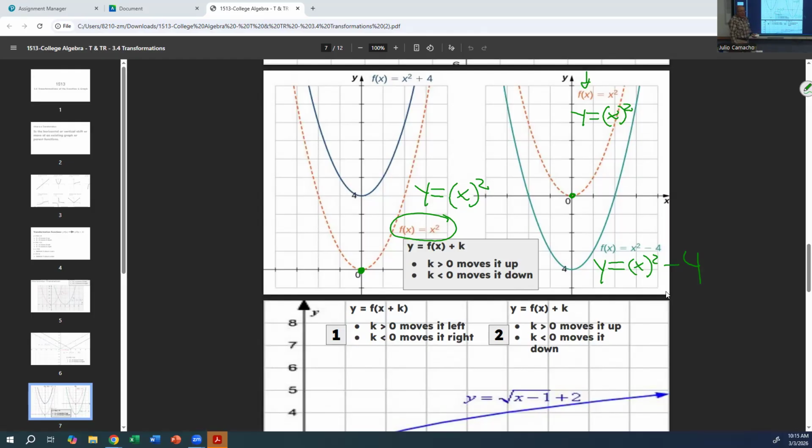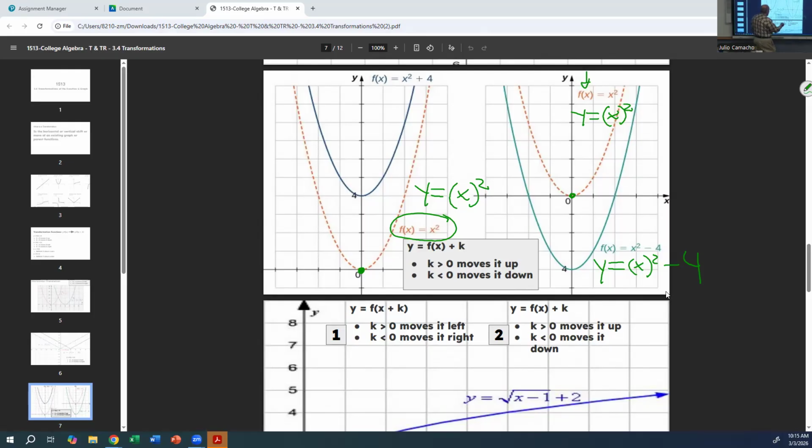See your notes, guys. There are reasons you take notes. It's the k that is inside. Who is outside? h. So this 4 is an h or a k? h. And h says that the whole thing went up and down, depending if the number is positive or negative.